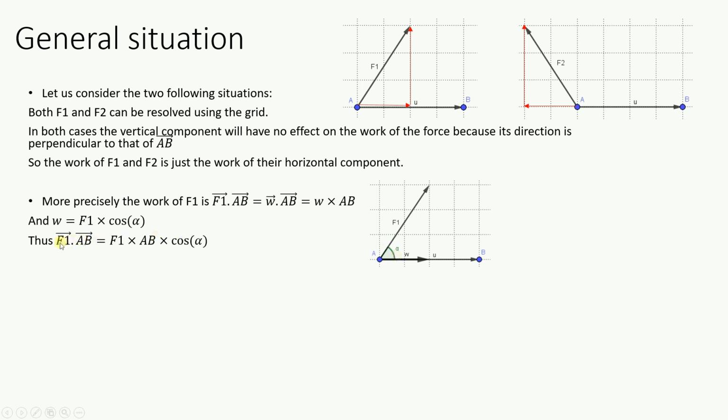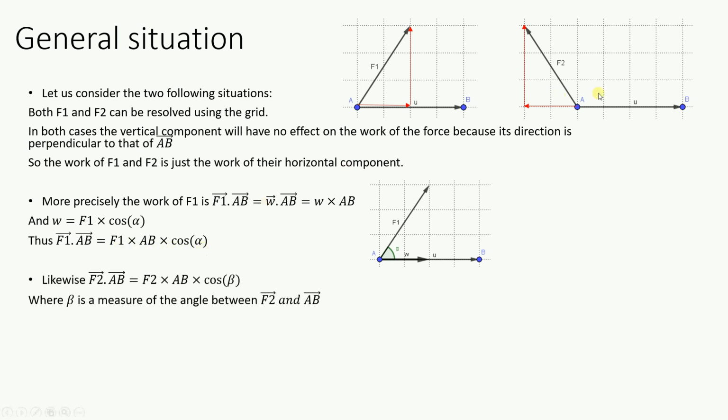So finally, vector F1 scalar vector AB is F1 times AB times cosine alpha. I can do the same thing for F2, and I get vector F2 scalar vector AB is just F2, the magnitude of F2, times the length of AB times cosine beta, where beta is that angle over there.